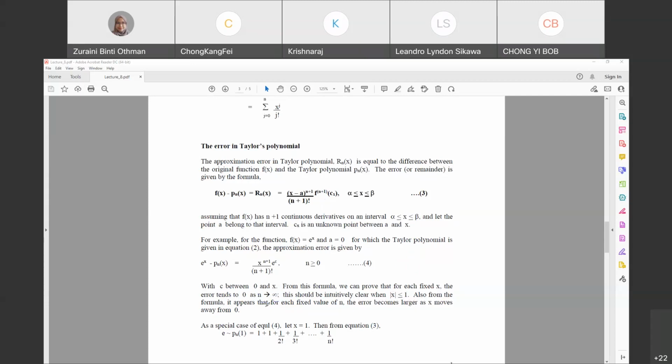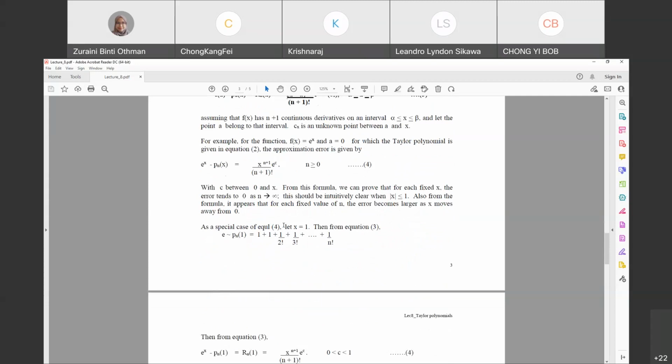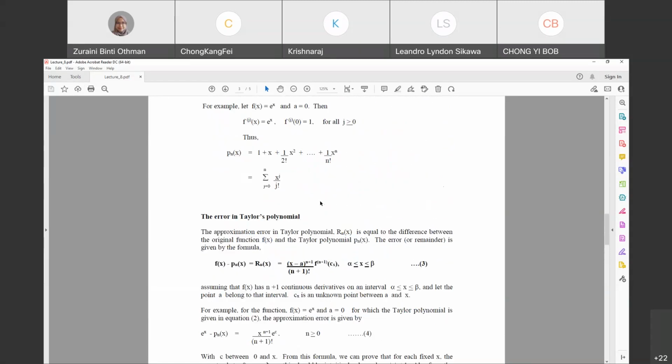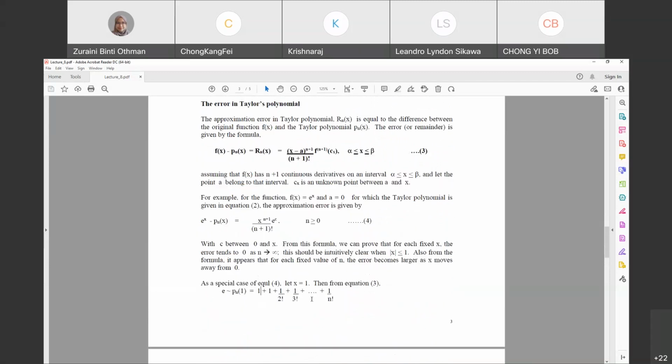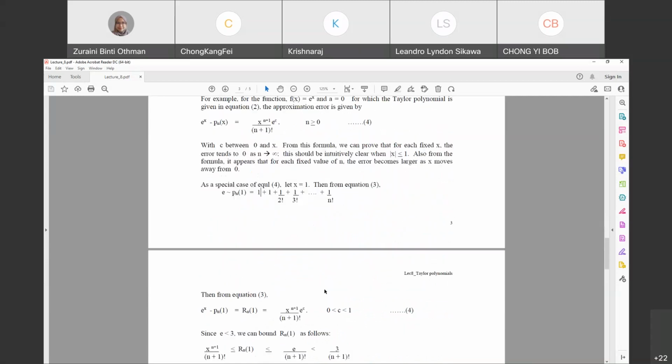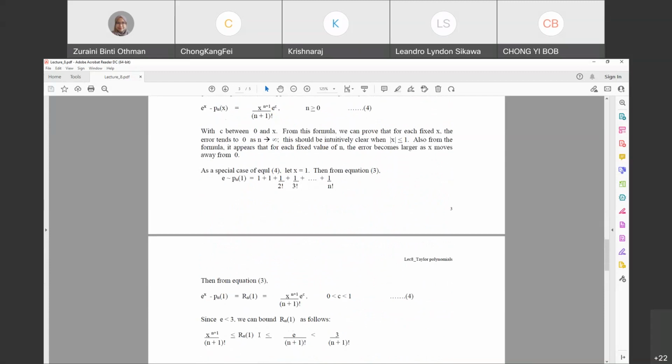Okay. Then kalau kita tengok untuk case ni, for example, let x is equal to 1. Bila kita ada x sama juga dengan 1, gantikan balik dekat dalam Taylor polynomial tu. Okay, so sekarang kita dapat yang daripada polynomial yang dekat sini, kita gantikan x sama dengan 1. So kita akan dapat equation yang macam ni. Okay, then we know that this is the remainder just now. Kita tahu nilai eksponen kuasa 1 ialah 2.78 something, which is less than 3.